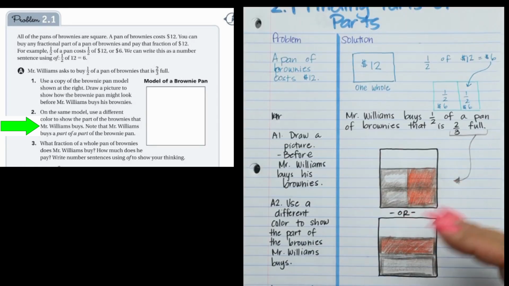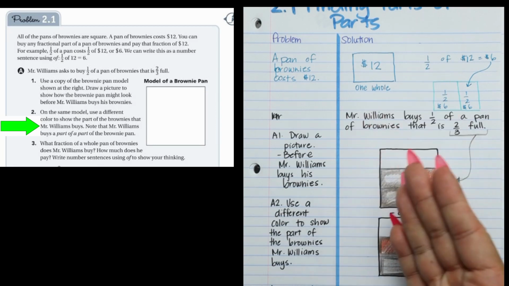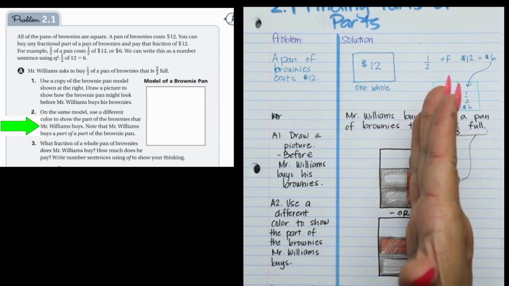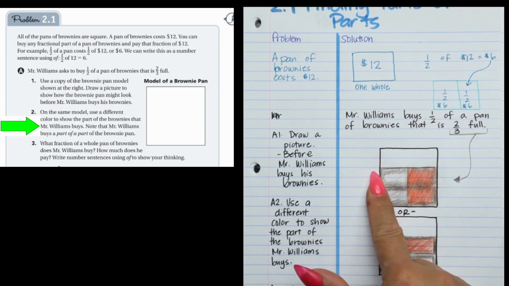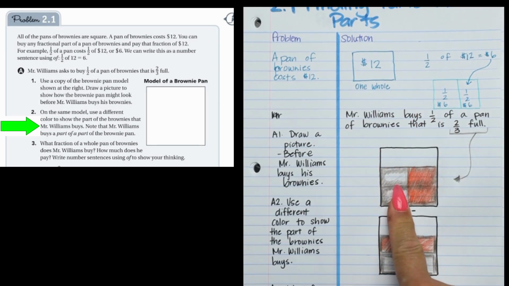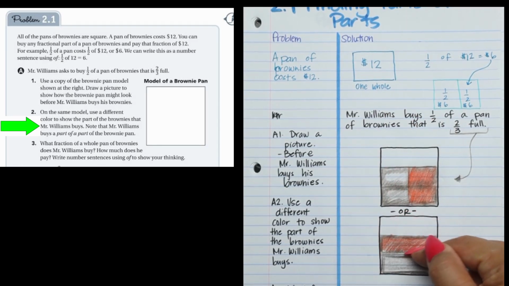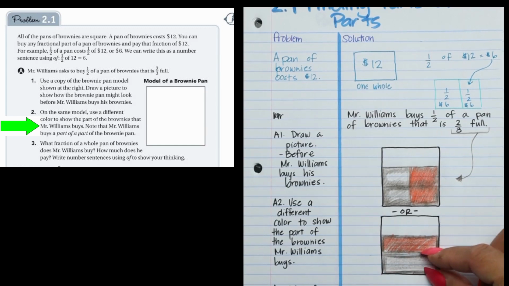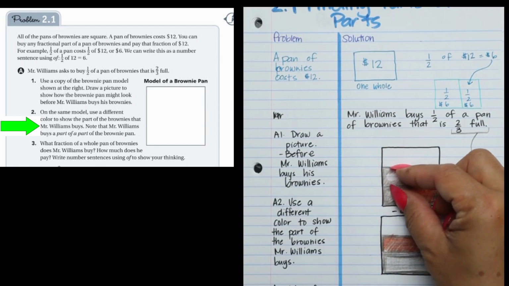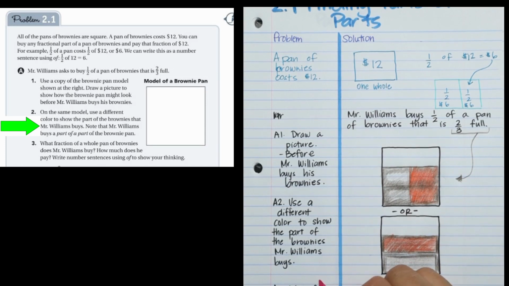Okay, here are two different ways Mr. Williams can choose to buy half of the 2/3 of the pan. He can either request for them to cut it this way, and he takes these two slices, or he can cut it this way and he'll get this slice. And if you put these two side by side, they should be equal.